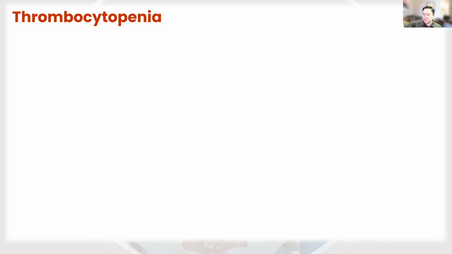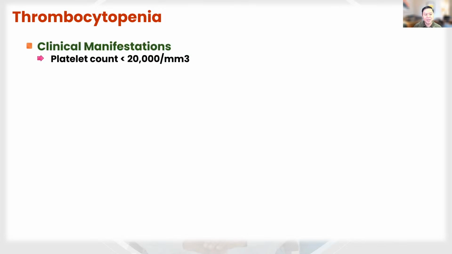Okay, now let's talk about the clinical manifestations of thrombocytopenia. Well, the patient here sometimes can become asymptomatic, so they're not going to show any manifestations, but when the platelet goes below a count of, let's say, 20,000 per cubic millimeter, or less than that, then this is the time when they're gonna manifest some petechiae.